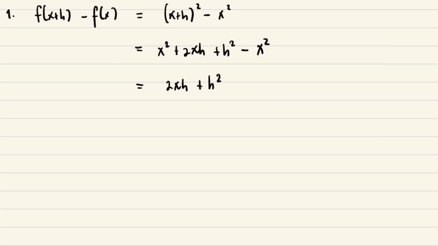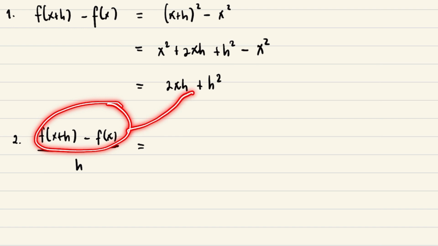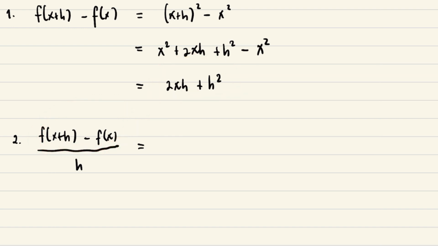What do we do in the second step? The second step says that we have to divide this expression by h. So we have f of x plus h minus f of x all over h. The numerator we've already gotten, so we have 2xh plus h squared all over h. If we simplify that, we end up with 2x plus h.